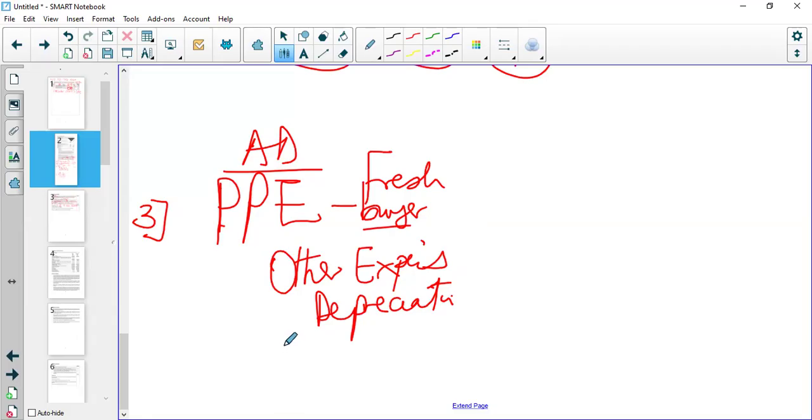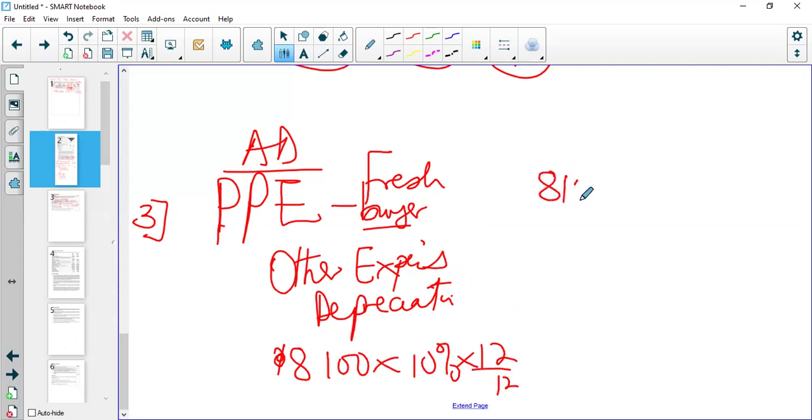So this was for a full year. You get marks for making the correct amount, 8,100 times 10% times 12 over 12. So that's going to be 810 that you give there. Brilliant, so then you get your marks. That shouldn't be too difficult for you.